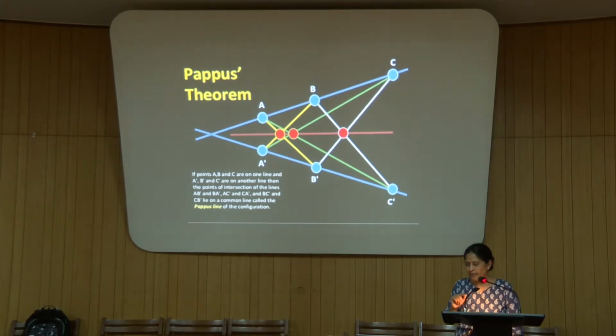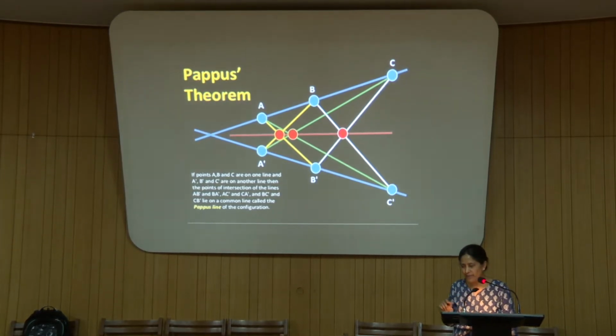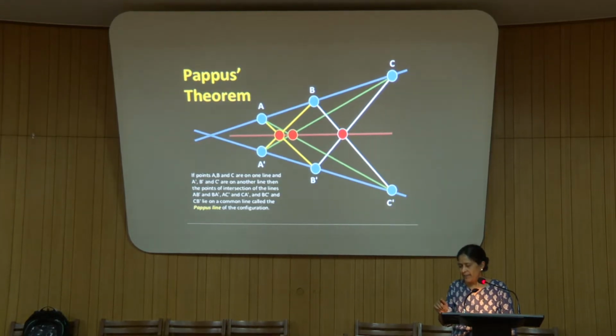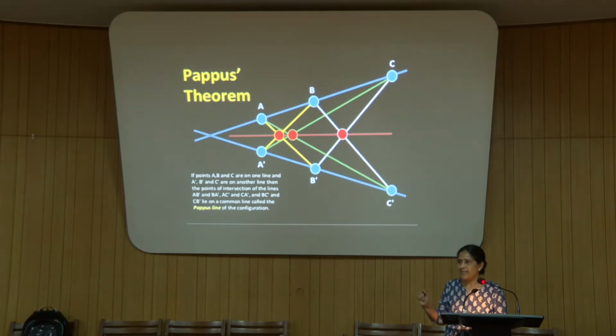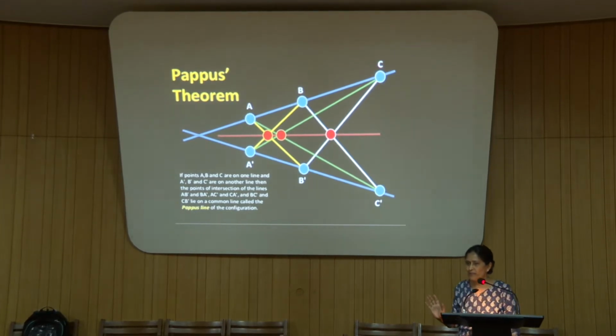Say you connect A, B prime and B, A prime. The intersection is a red point, as you can see in the figure. Then you join B, C prime and C, B prime. That's an intersection, which is another red point. And connect A, C prime and C, A prime. That is a third red point. So Pappus's theorem claims that these three red points lie on a single straight line. That's the statement of Pappus's theorem.